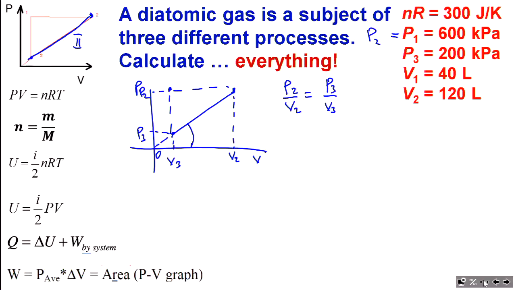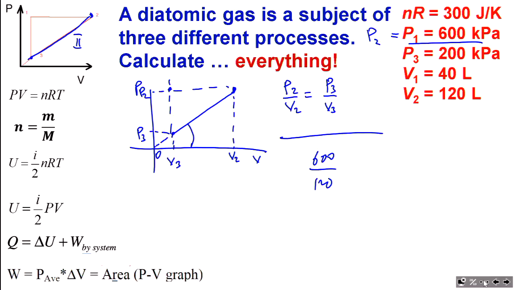So P1 and P2, 600 over V2, and here maybe we have an extra variable known.